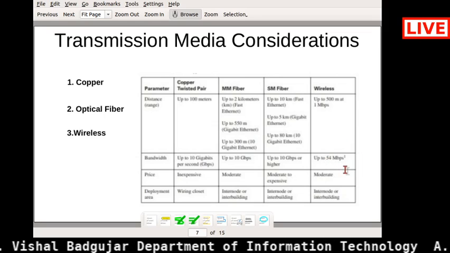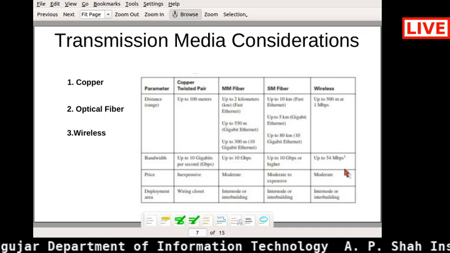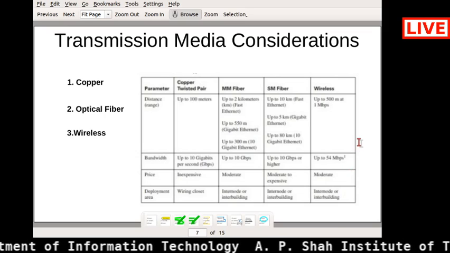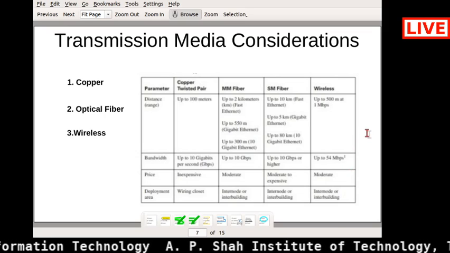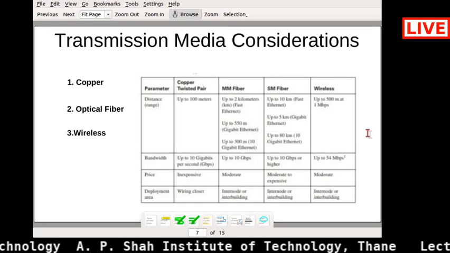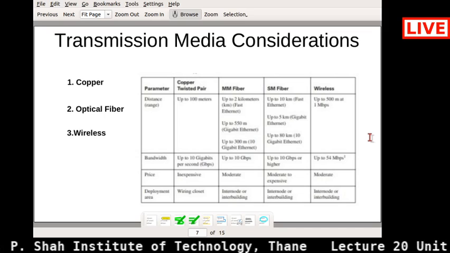And then we will see the deployment area. The deployment area is nothing but where you are actually going to deploy your transmission media, so you need to check upon that.